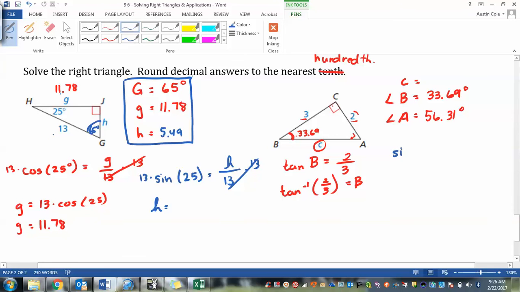So the sine of 33.69 equals the opposite, which is 2, over the hypotenuse, C. Multiply both sides by C. So I'm going to get C times the sine of 33.69 equals 2. Then divide both sides by the sine of 33.69.